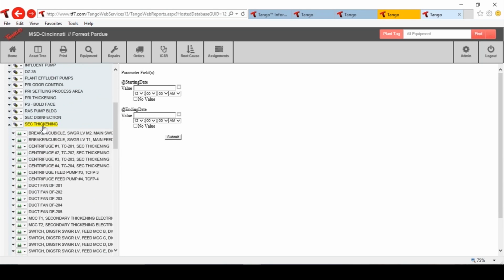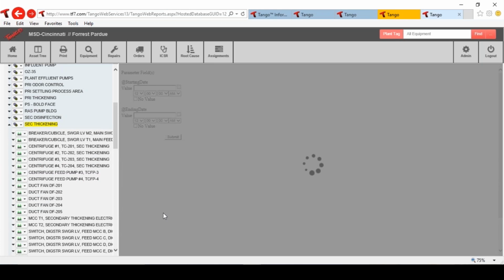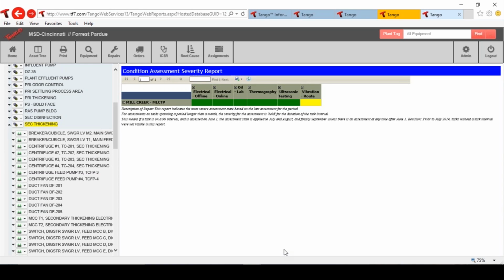All right, so secondary thickening. We've got a bunch of centrifuges and things. Let's run that report for this thickening area. So if I come under other reports, I'll go to condition assessment, severity over time. So they're over 12 months. They haven't had any problems in electrical offline. They haven't had any problems in online.